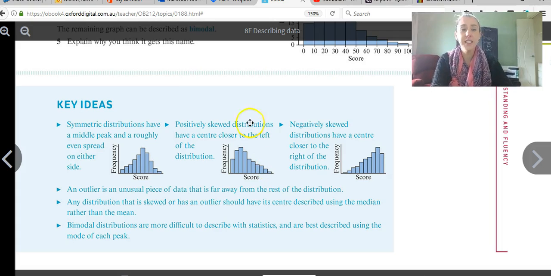So positively skewed distributions have a center closer to the left of the distribution. Sorry, I'm going to my left. It'll be wrong on the camera. And it's got this tail off to the right. So oftentimes, I know for me, I would think that this would be negatively skewed because I've got more of my data in a negative place on my graph.